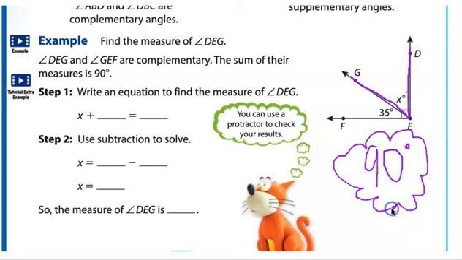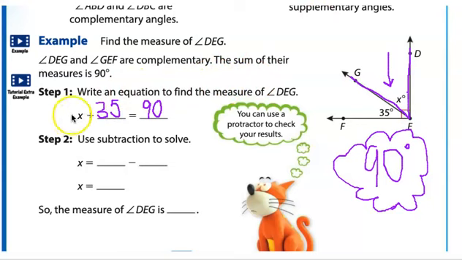90 degrees. All right. So if we're writing an equation, we know that x, which is this one right here that we're trying to find, x plus something is going to equal 90, because 90 is going to be our total. So the blank that goes in here is this 35. So x plus 35 equals 90.